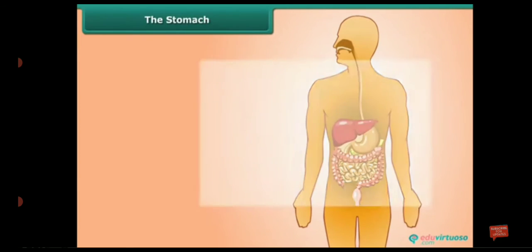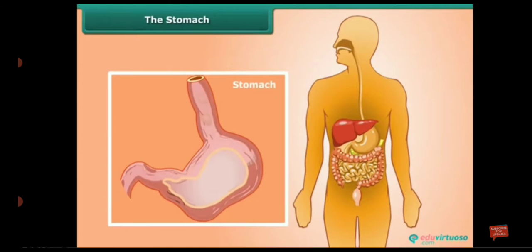The stomach is the widest part of the alimentary canal. It is a J-shaped bag with a flattened shape inside. In the stomach, food is churned and mixed with the digestive juices, including hydrochloric acid.